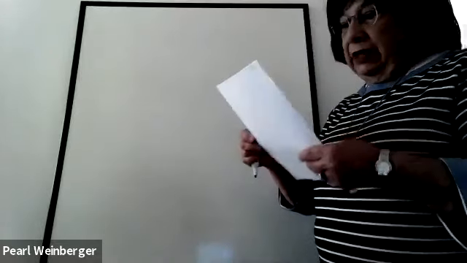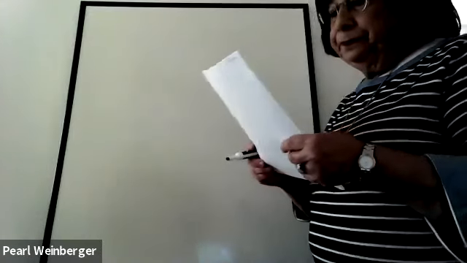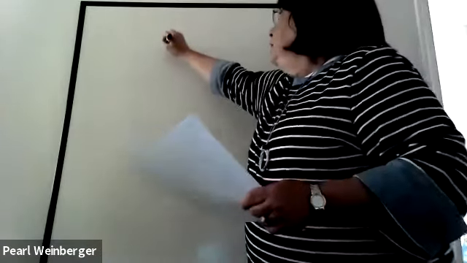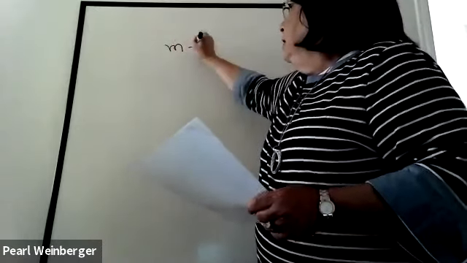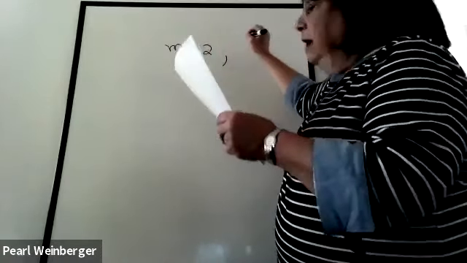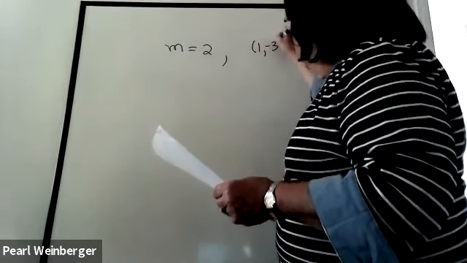Okay, good, great. Now we're going to take a description of a line that looks like this. It says, write the slope-intercept equation for a line with the given characteristics. This is example number 8 on the sheet: the slope m equals 2, and it passes through the point (1, -3).